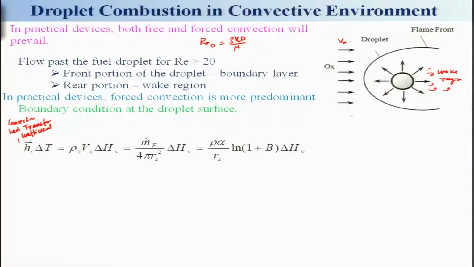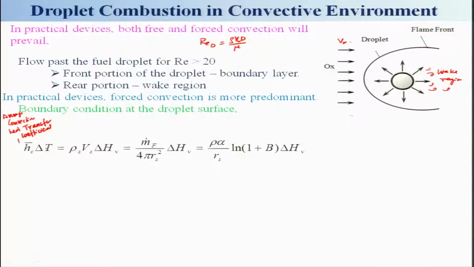Keep in mind that I have taken the average because this will be changing, and delta T is the temperature gradient with which the heat will be convected. We will see how we can get the delta T.